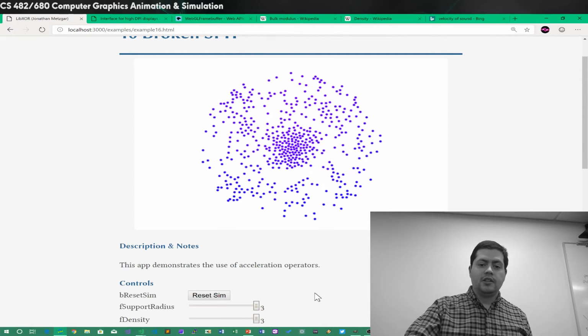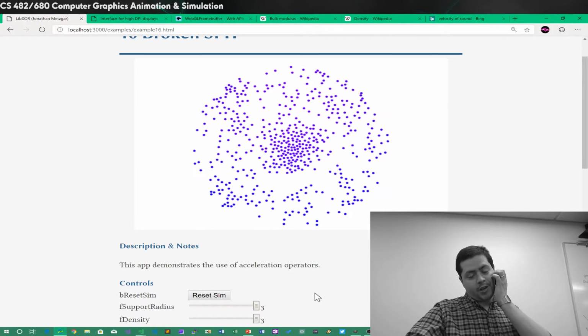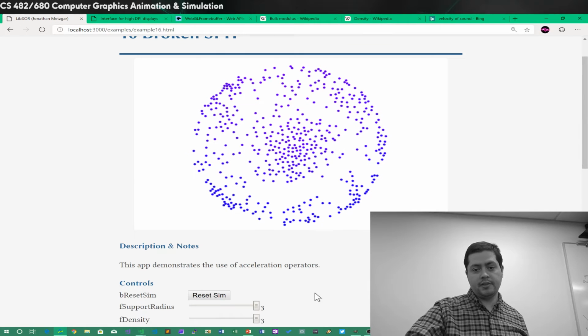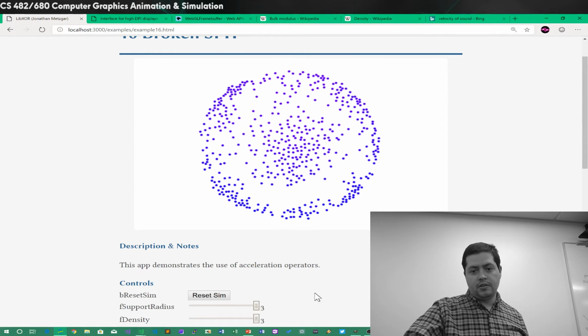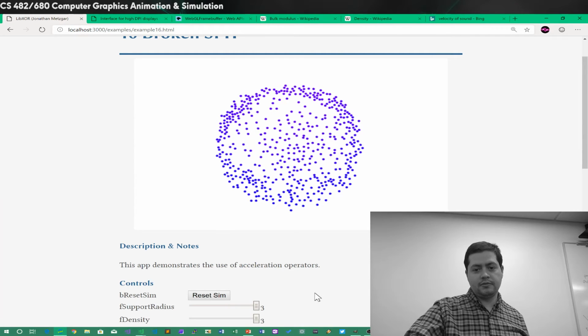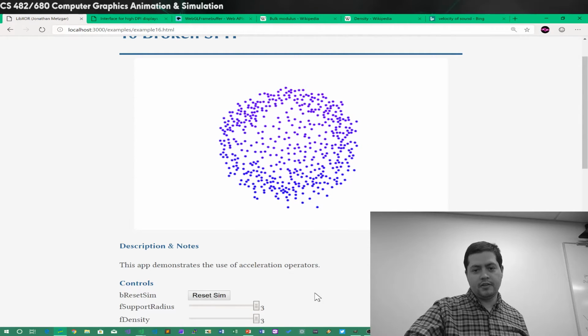What's that? I think it has to do with that the support radius is so big that the, no, it's going to do some even crazier stuff. That's cool.